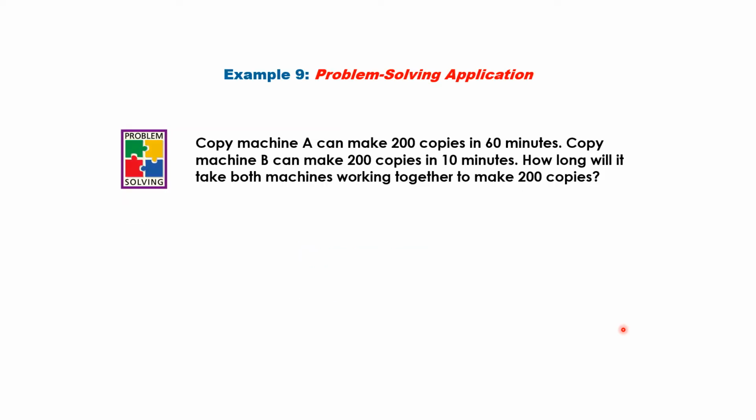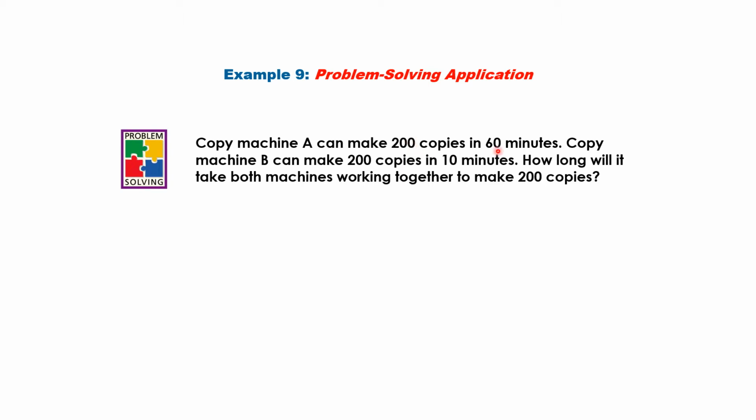Let's have a problem-solving application. Copy machine A can make 200 copies in 60 minutes. Copy machine B can make 200 copies in 10 minutes. How long will it take both machines working together to make 200 copies? Take note, machine A is slower because it takes one hour to produce 200 copies.